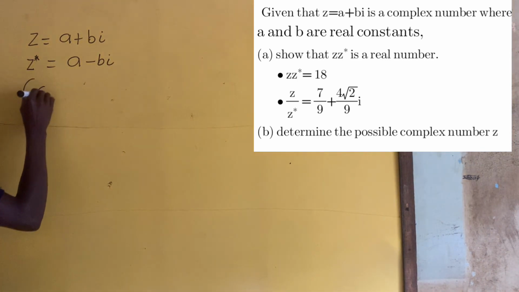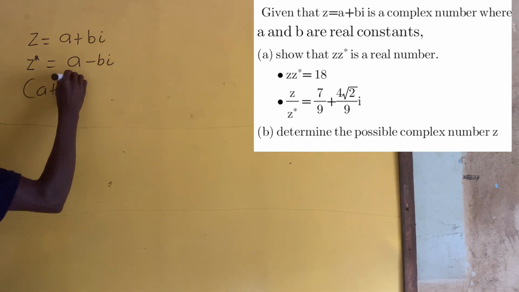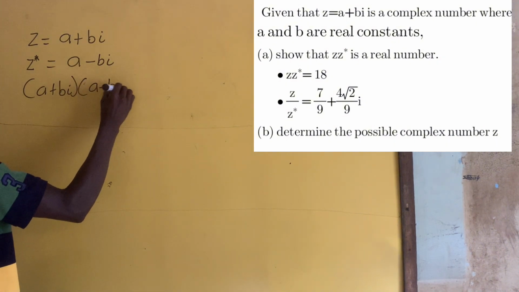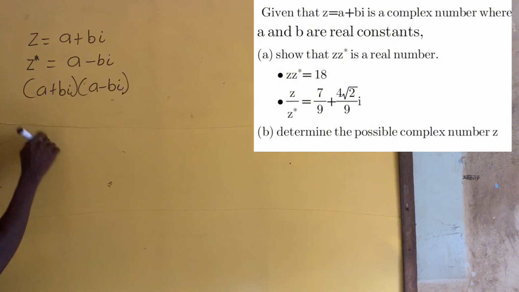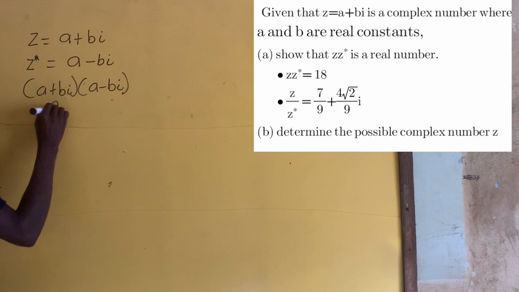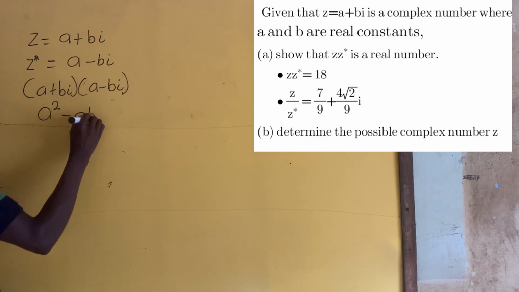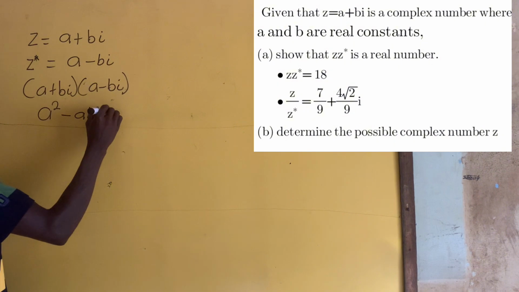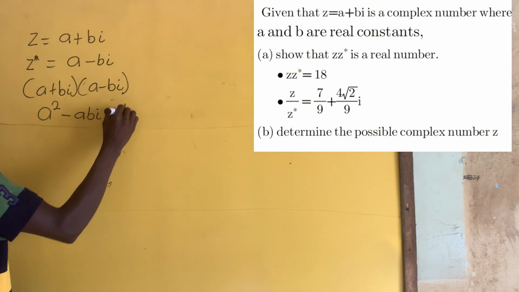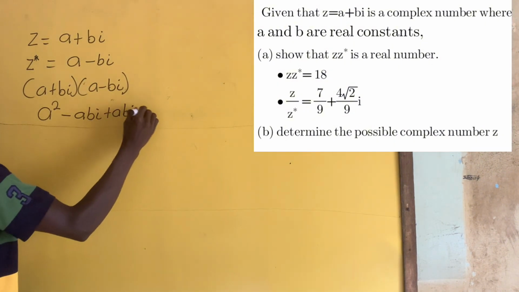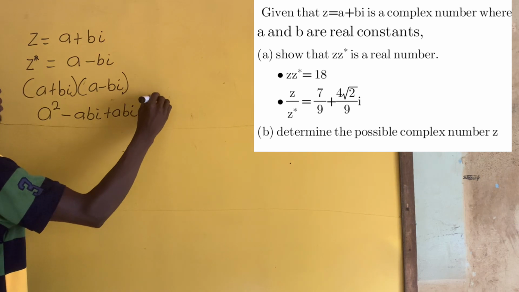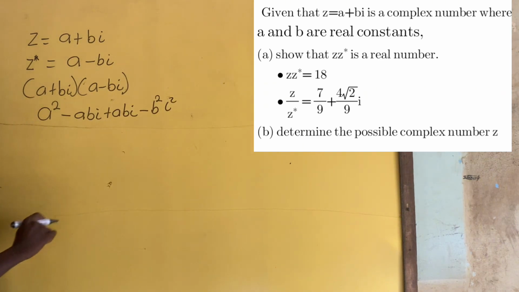So if we multiply a plus bi by a minus bi, then we have a squared minus abi plus abi minus b squared i squared.